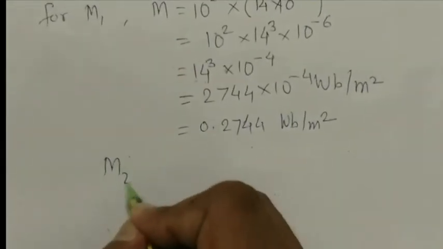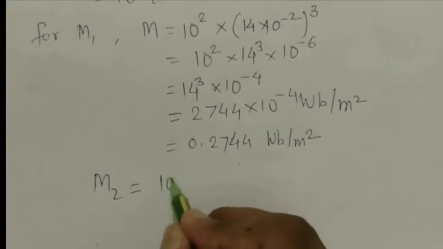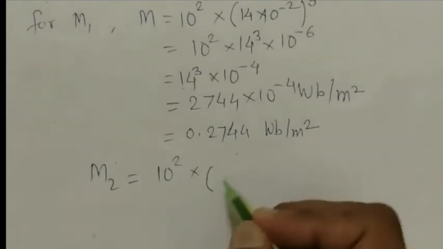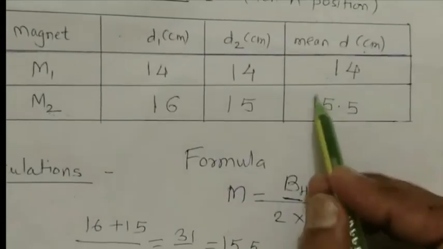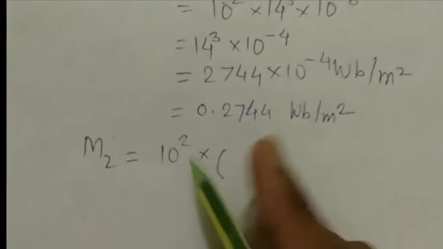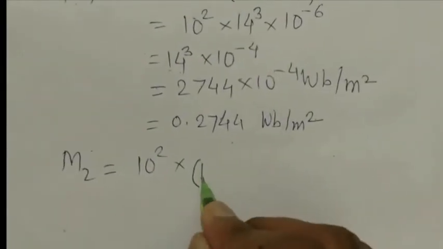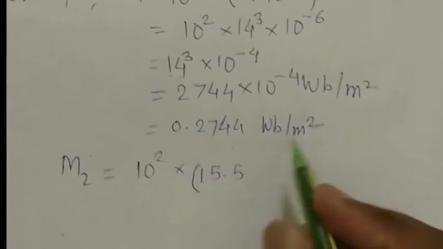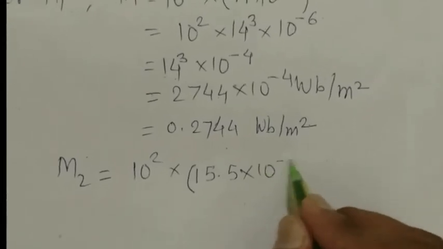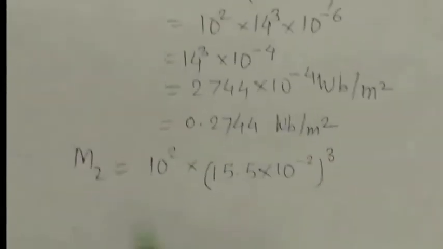Now again, for the second magnet M2, we have 10 square into the mean D of the second magnet, which is 15.5 centimeter. So we will get 15.5 into 10 to the power minus 2, bracket cube.